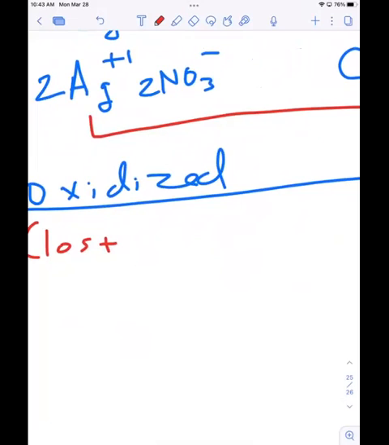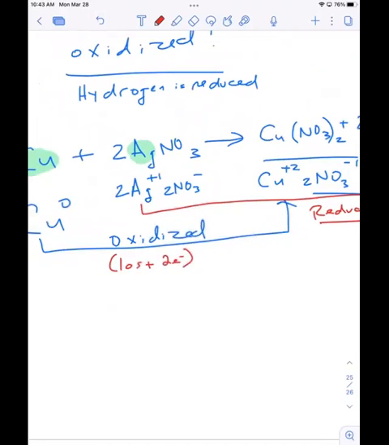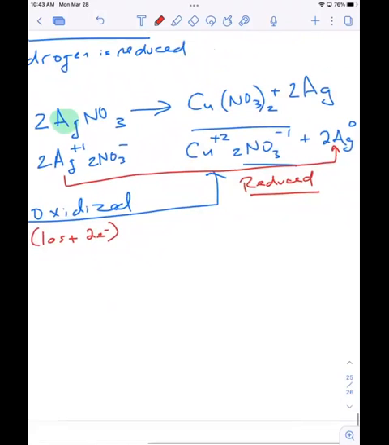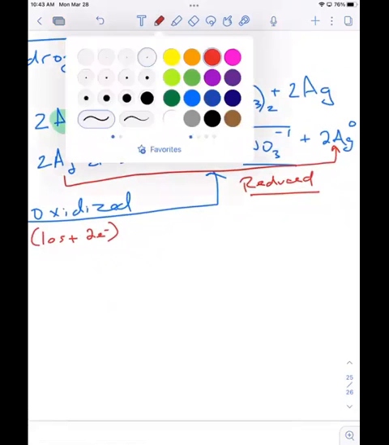Well, if I went from 0 to +1, how many would I have to lose? 1, 1. So if I go from 0 to +2, how many do I have to lose? 2. All right, if I go from 0 to +5, how many would I have to lose? 5, 5. Every electron has a -1 charge. So this lost 2 electrons, right? And by the same token, the silver that got reduced, right?